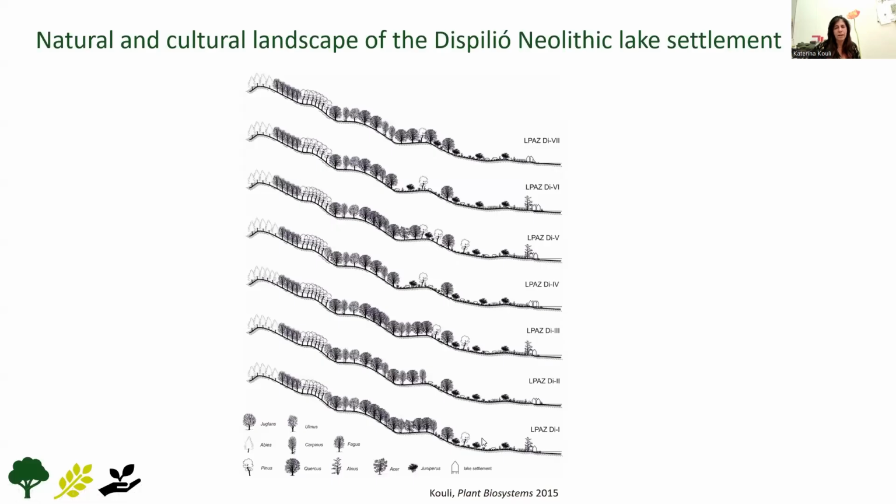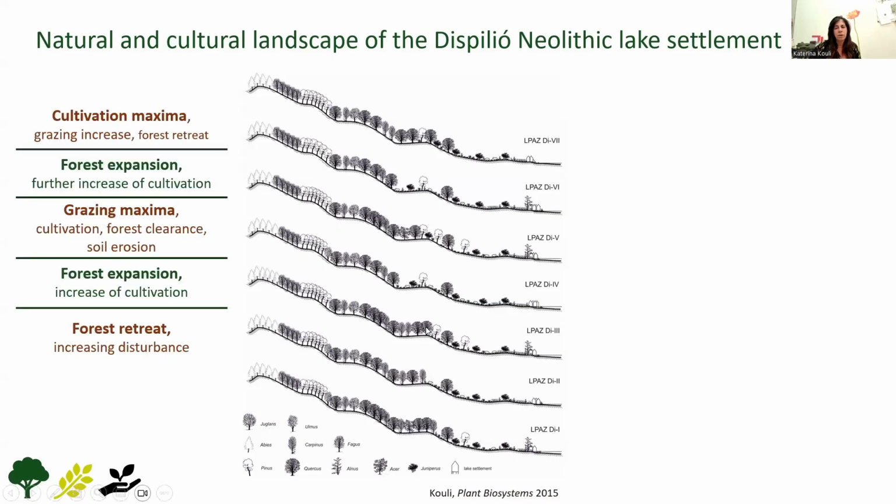So this is the older phase, the beginning with a forest retreat that somehow stopped at the point where the forest expanded again, and then another retreat of the forest, and there with pollen records we identify grazing indicators, cultivation, forest clearance, and high rates of soil erosion, and another expansion of forest before the maximum expansion of the site.